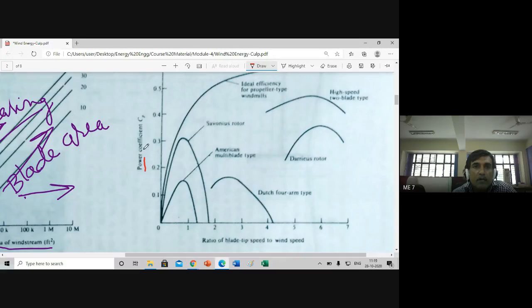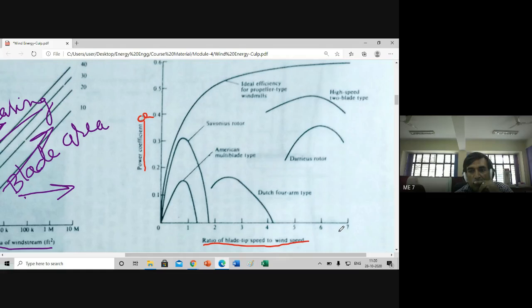Here it is power coefficient Cp, the power coefficient against the ratio of blade tip speed to wind speed. First look at this ideal efficiency for propeller type windmills.